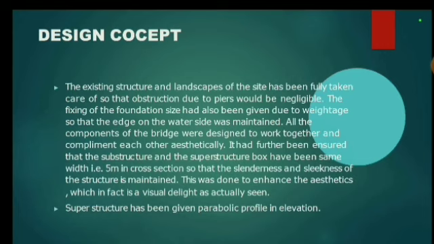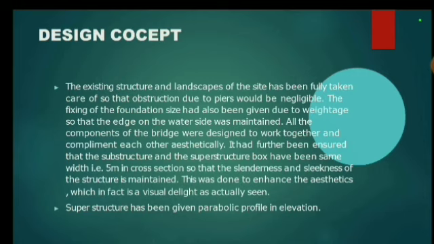Design concept. The existing structure and landscape of the site has been fully taken care of so that obstruction due to piers would be negligible. The fixing of the foundation size had also been given due weightage so that the edge on the water side was maintained. All the components of the bridge were designed to work together and complement each other aesthetically.